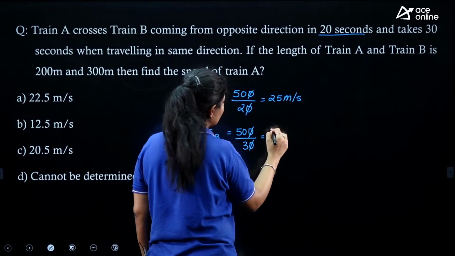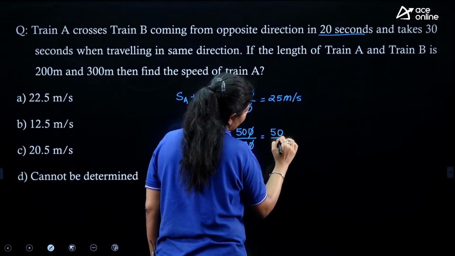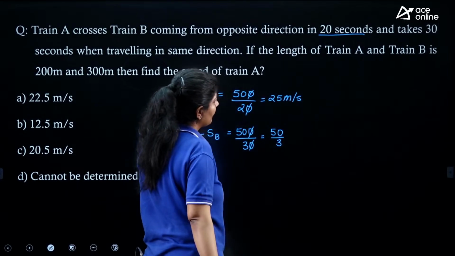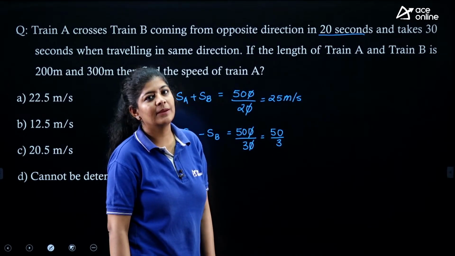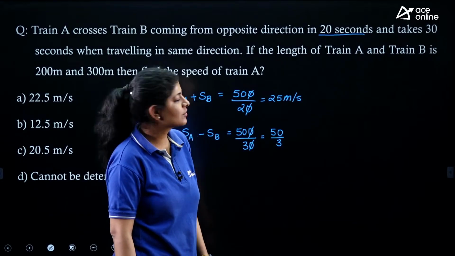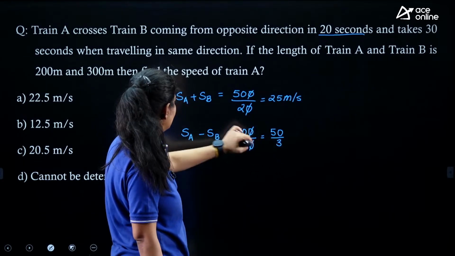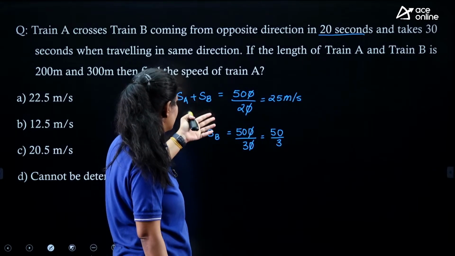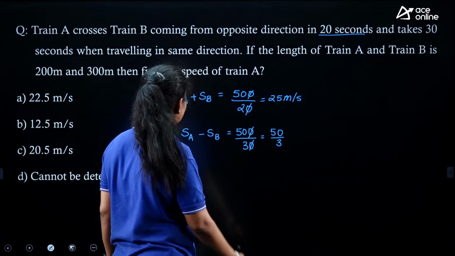Now we are having two equations, two variables. You can do one thing, just simply multiply this equation by 3 and this equation also by 3 and you will get the values, right?